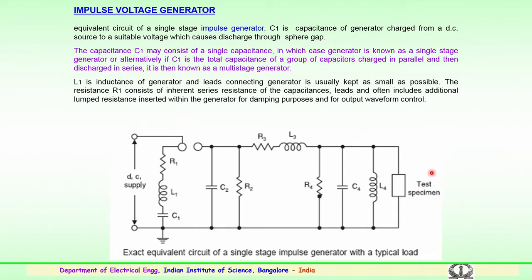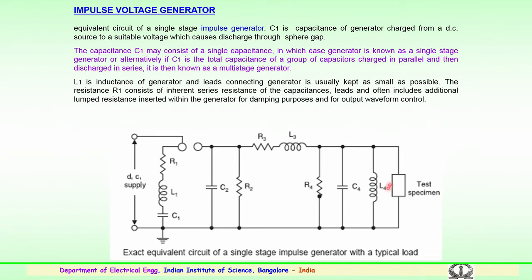The third is the impulse voltage generator or the surge generator, very important as the surge generator plays an important role in the generation of lightning as well as switching surges, which have to be tested for the equipment used in the transmission or high voltage distribution networks.